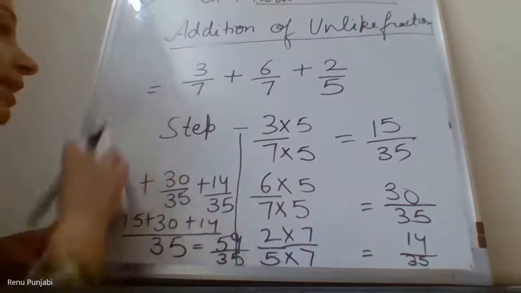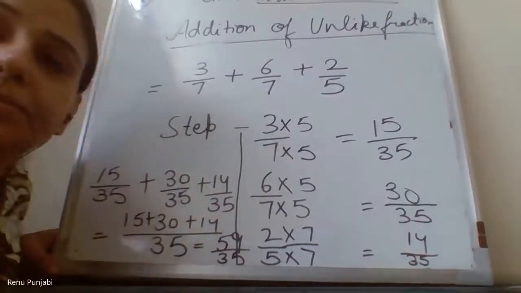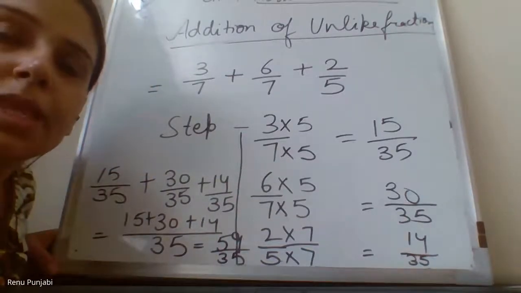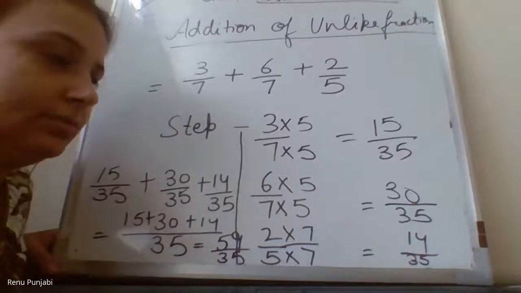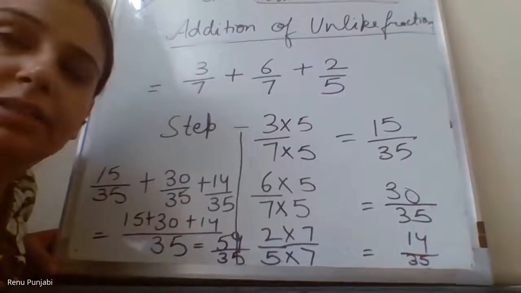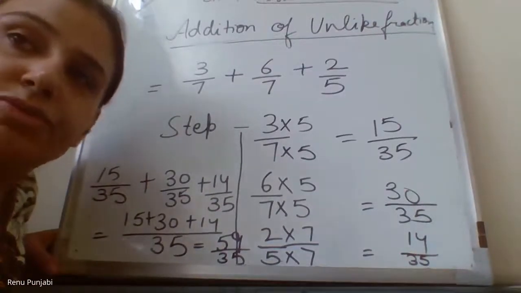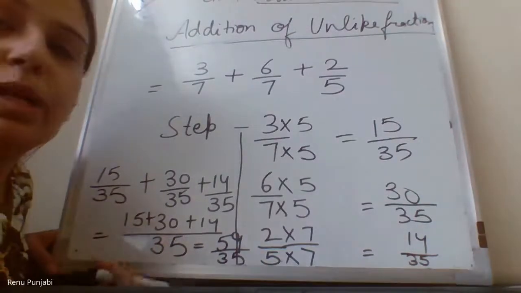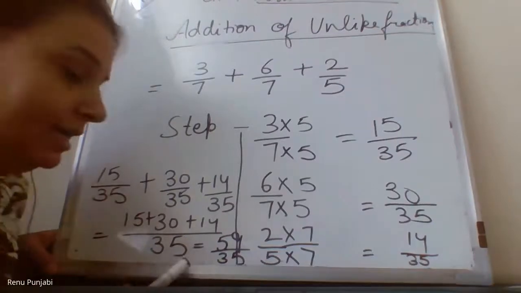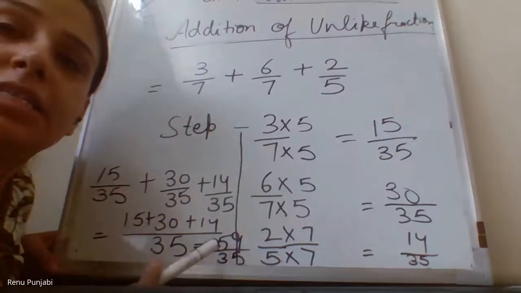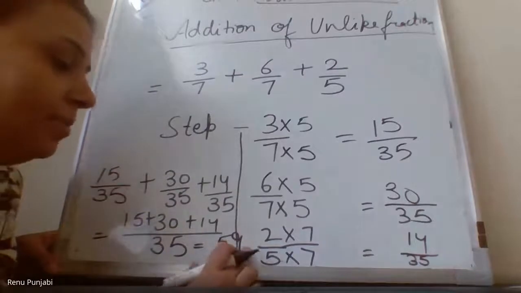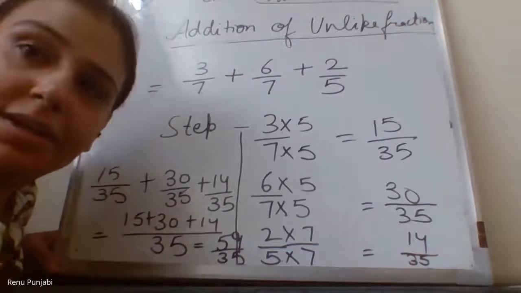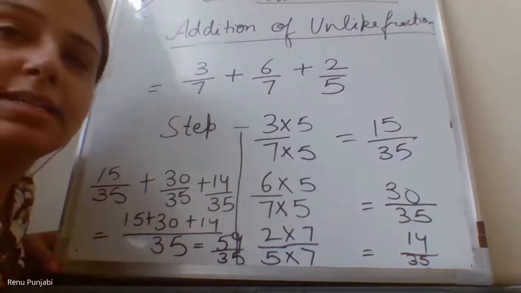One more thing here we have to learn. In like fractions, we have learned that we have to reduce the fraction. Here we will learn one more thing: when the numerator is larger than the denominator, convert the fraction into a mixed fraction.